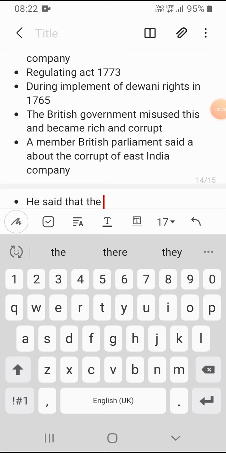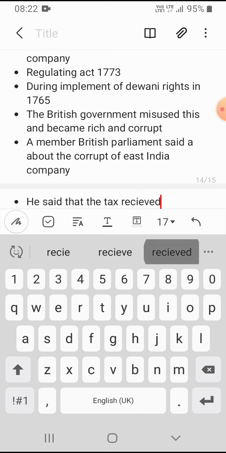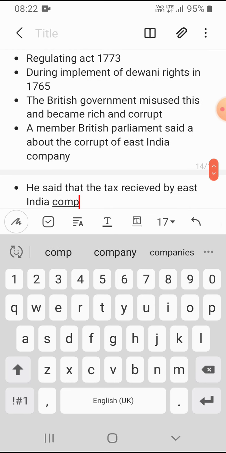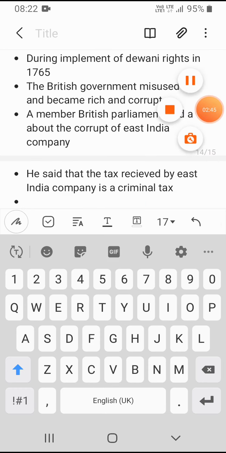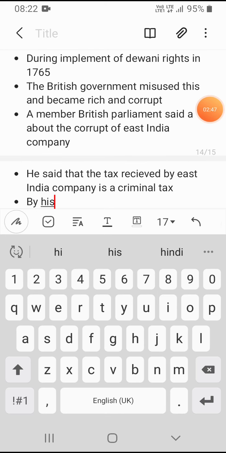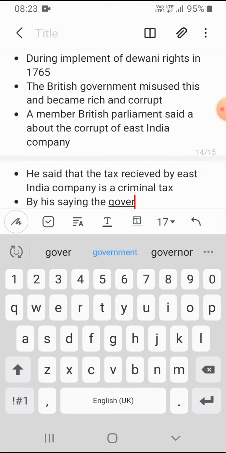He said that the tax received by the East India Company is a criminal tax. Despite his saying, the government kept quiet.